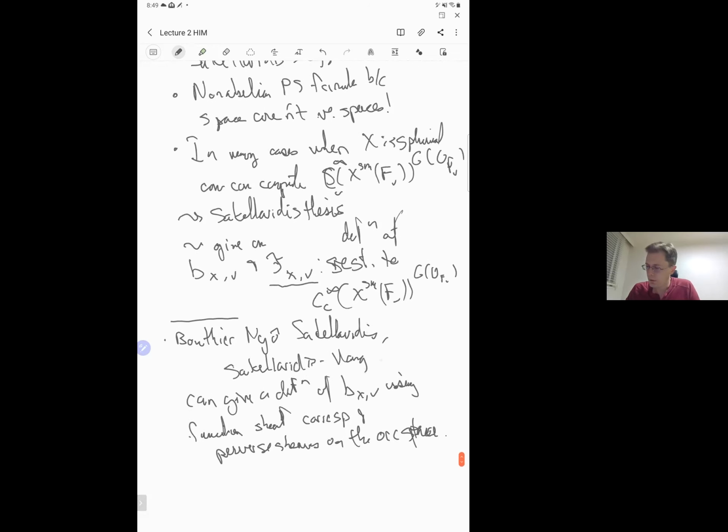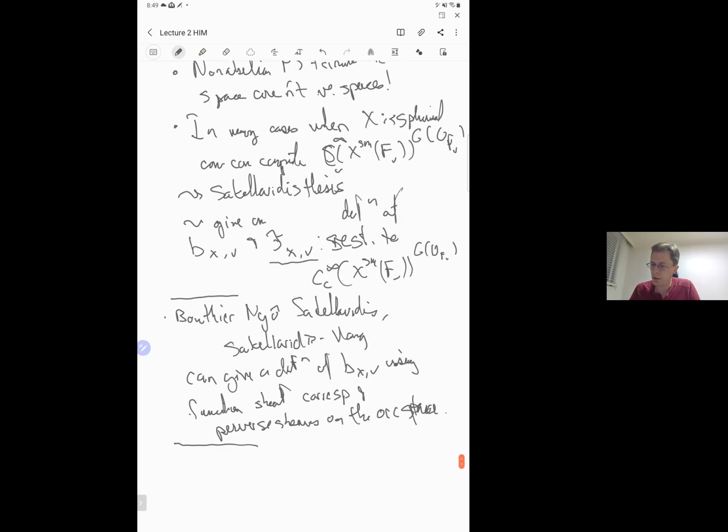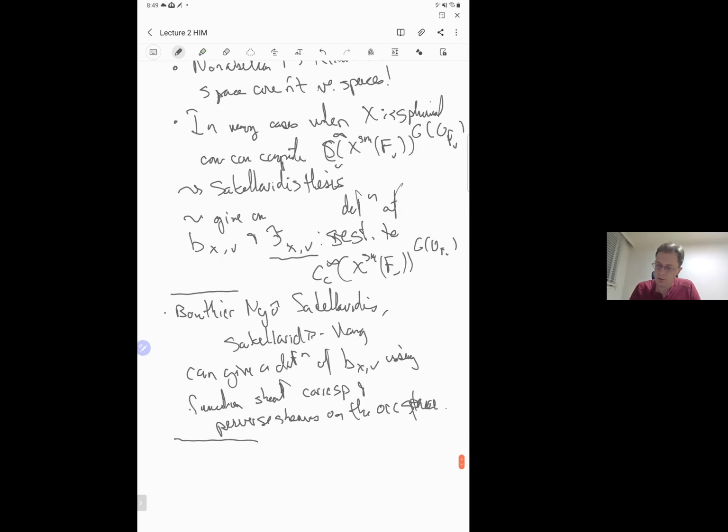Or maybe tilt and tilt. But this is a definition of the basic function. You can prove that it gives the same answer as the basic function that you get via more elementary means.